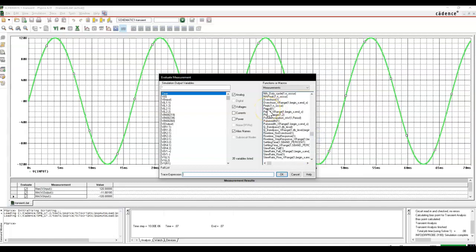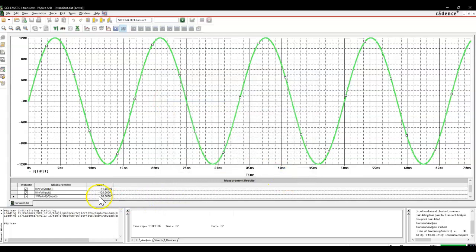There is a period here. You can measure the period, and we just said that frequency is 1 divided by it. So I can actually put an equation here. I can do 1 divided by the period of the input. And we get 60, which, not surprising, is 60 hertz, right?